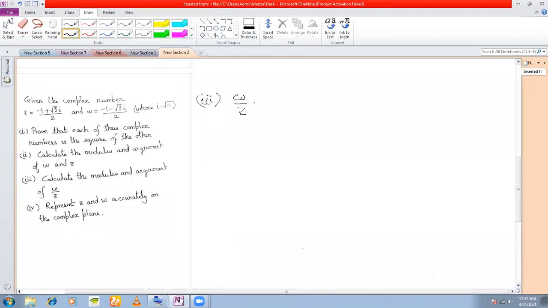Omega by z, if you put the values, you are going to get minus 1 minus i root 3 by 2 divided by minus 1 plus i root 3 by 2. This is minus 1 minus i root 3 and this is minus 1 plus i root 3. So what should be the modulus of omega by z?